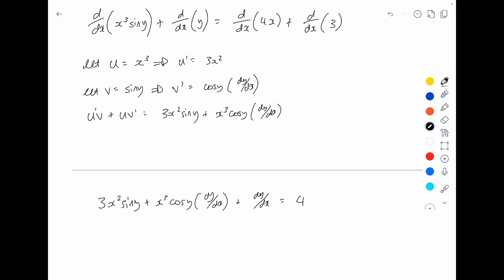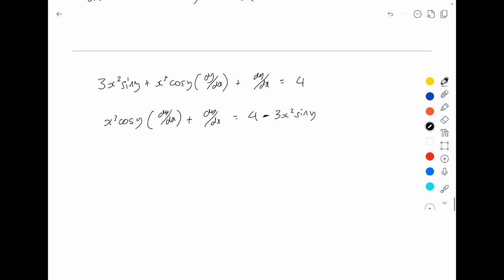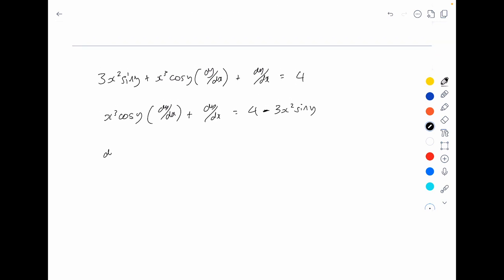And so from here, what we can say is x cubed cos y dy by dx plus dy by dx is equal to 4 minus 3x squared sine y. Let's take out dy by dx as a common factor.